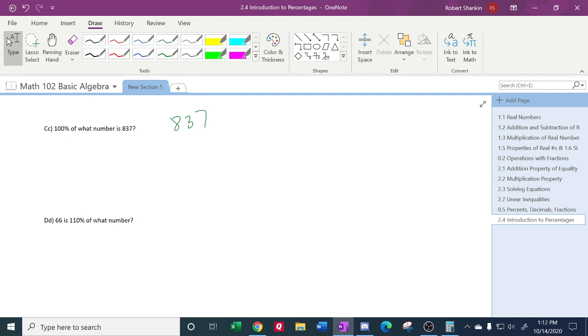Now this one would be a really hard one to do, except we just did something very similar to this. We said that if you take 100% of 60, you get 60. If you take 10% of 60, you get 6. So 66 is 110% of 60.